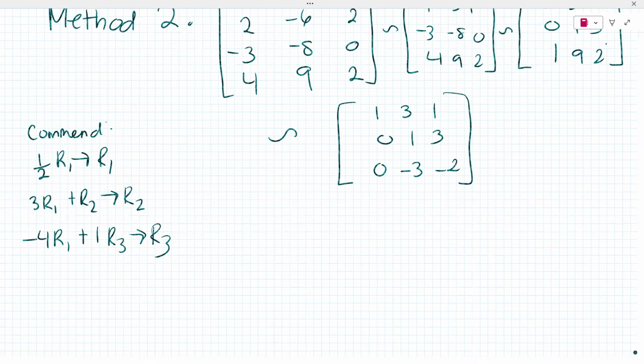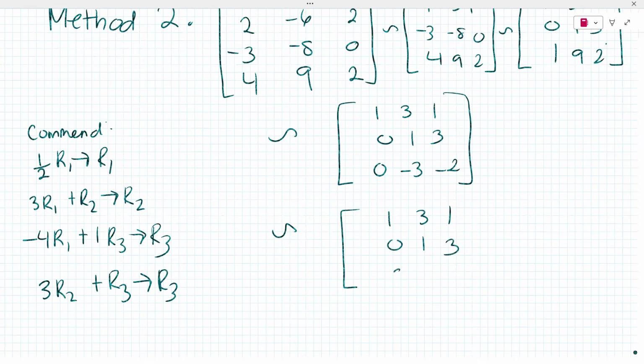Okay, and then the third one would be 3 row 2 plus row 3 gives us row 3. And that's going to give you this matrix: 1, 3, 1, 0, 1, 3, 0, 0, 7.